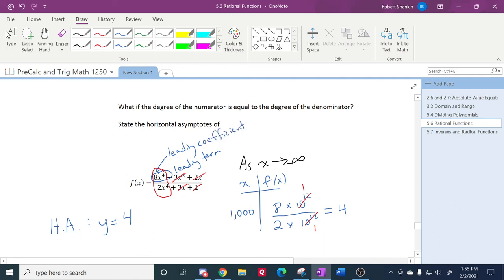So if you put them in order, highest degree first, then the term that has the highest degree is called the leading term of the polynomial. And then the number out in front is called its coefficient, the leading coefficient.